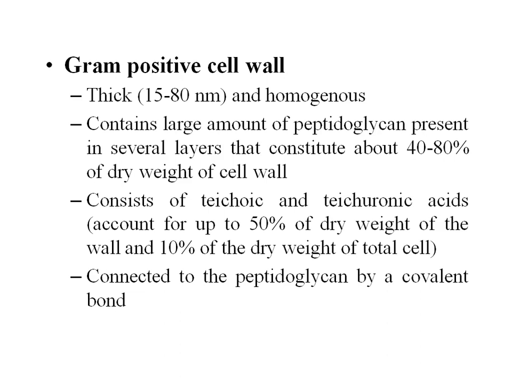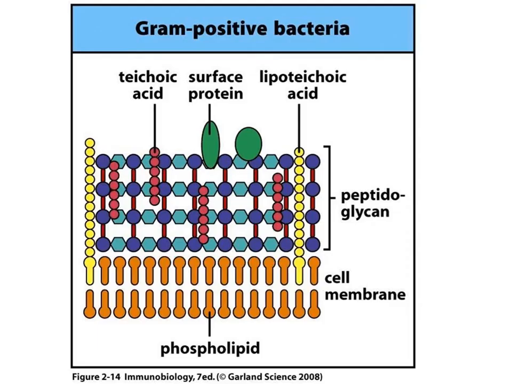It also consists of teichoic acid and teichuronic acids, which may account for up to 50% of the dry weight of the cell wall, or 10% of the dry weight of the total cell. The peptidoglycans are connected to each other by covalent bonds. So this is the gram-positive cell wall.